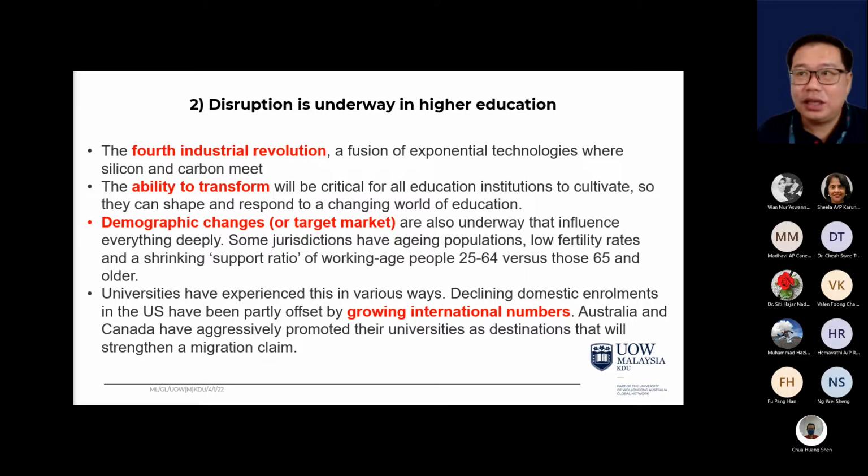Demographic change: aging population, low fertility rates, shrinking support ratio, working people 25 to 64 versus 65 and above. The working population is shrinking also. Young people are getting fewer. Our SPM numbers are not growing. So where do we get our students?